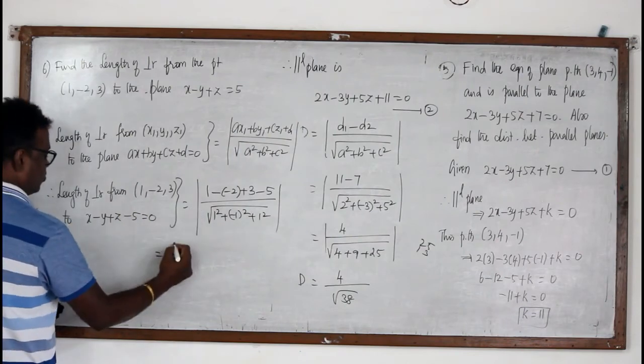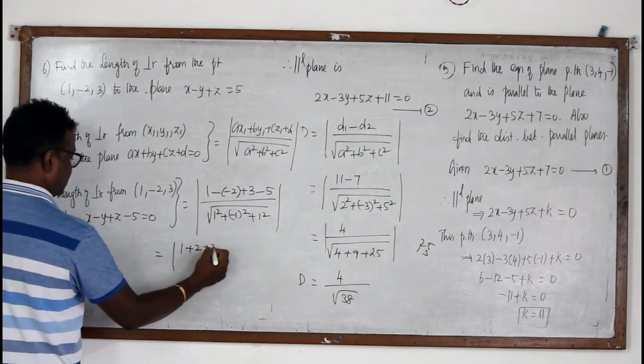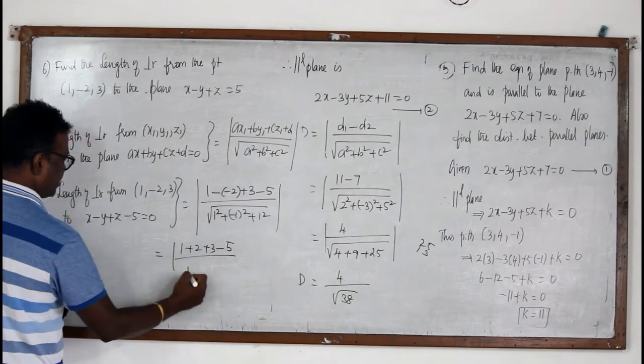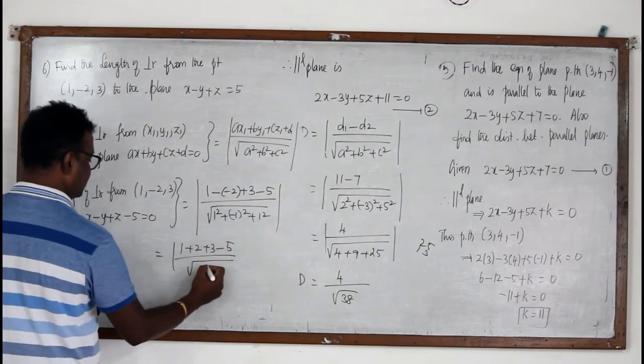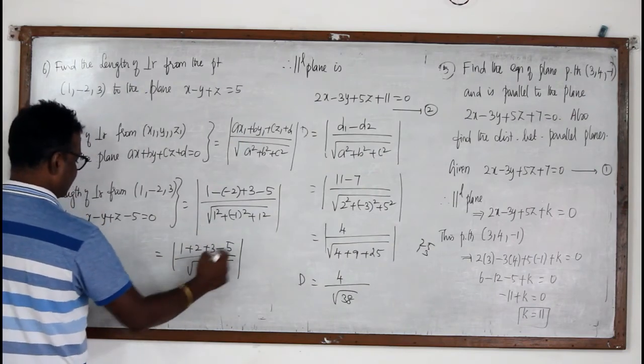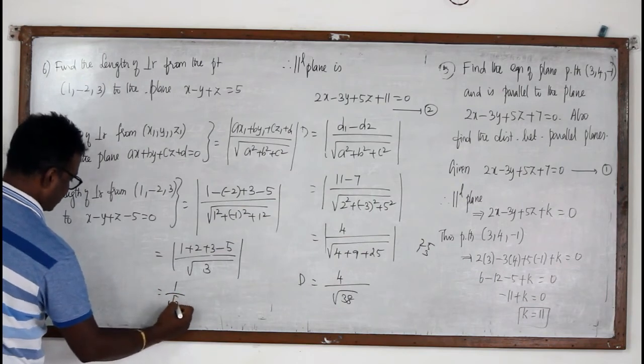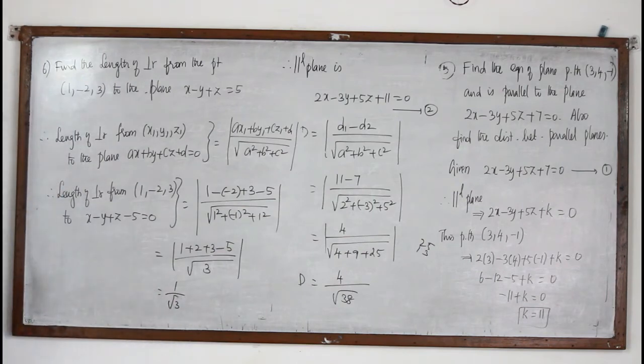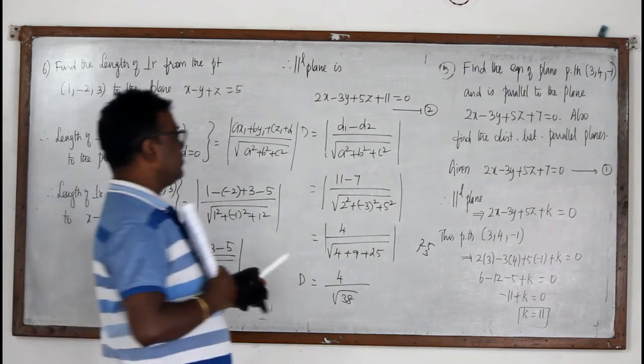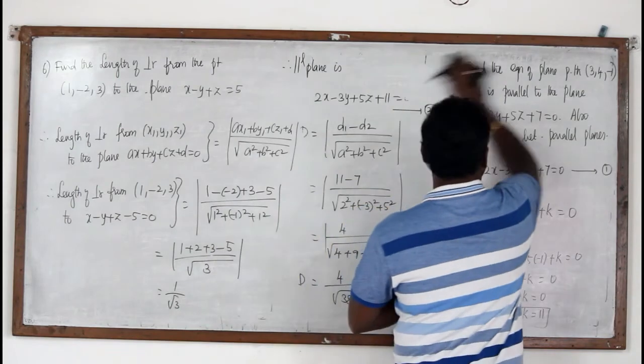That is 1 plus 2 plus 3 minus 5 by root of 1 plus 1 plus 1, which is root 3. 5 minus 5 cancels, it is 1 by root 3. This is the shortest distance, the length of the perpendicular from a point to the plane. Now we should go for the next, 7th problem.